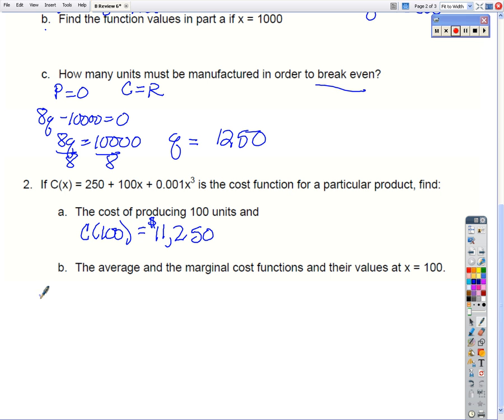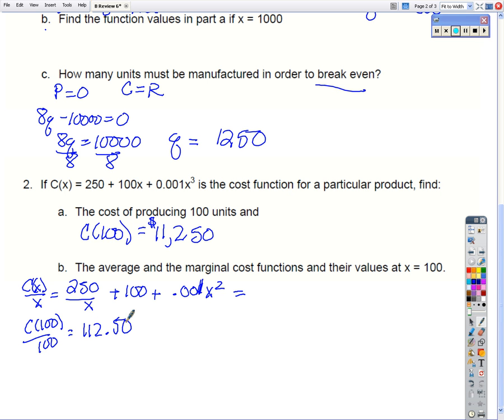The average cost, each term gets divided by X. Plug in 100. We're going to get $112.50.